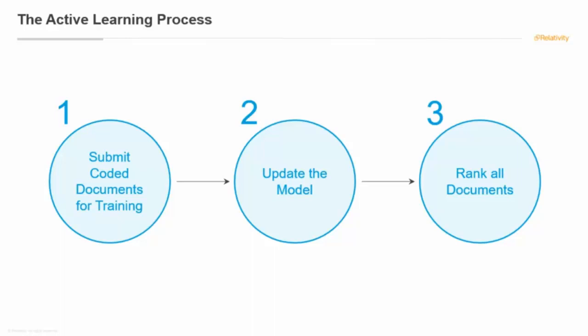So you're coding documents, and the system is always trying to get smarter. It's got a growth mindset. It's always trying to get better. And then it's going to rank the documents after it updates the model. So it's always going to be, every 20 minutes, rebuilding the model, re-ranking the documents, getting smarter and smarter, and allowing you to proceed with the best prediction that you can have based on the documents that have been coded.